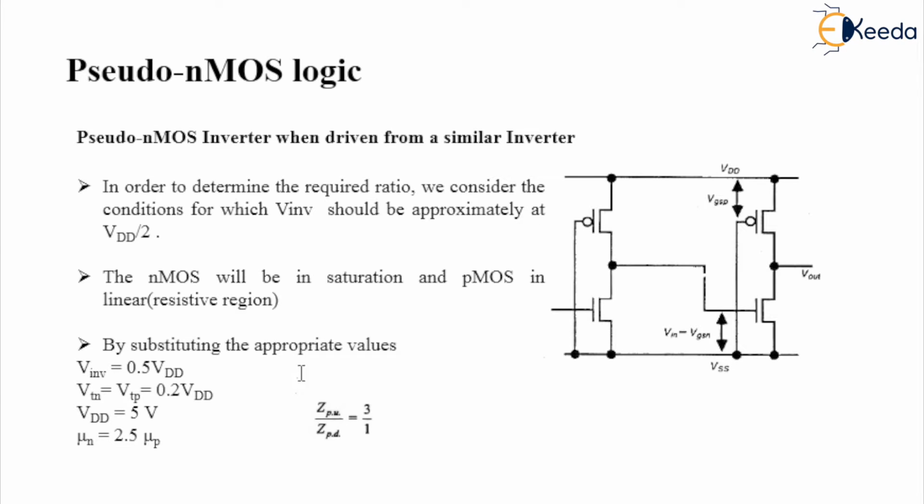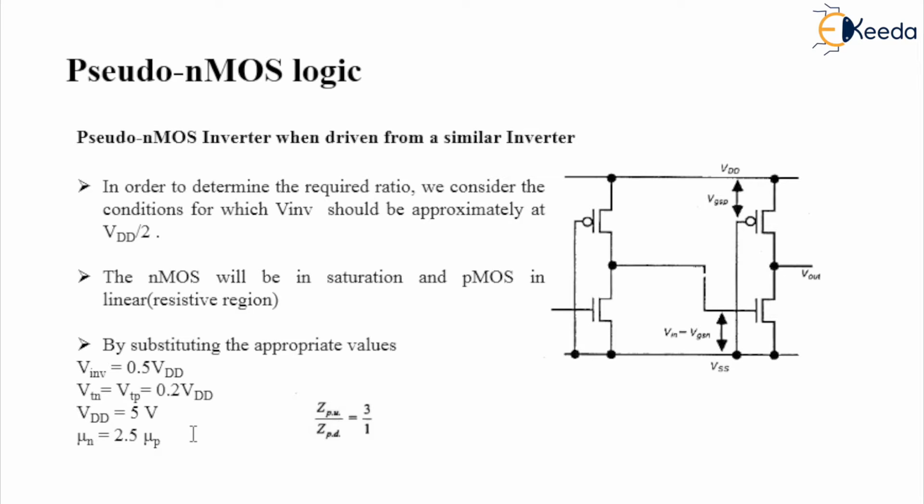By applying appropriate values in the saturation equation, IDS is equal to K into W by L into (VGS minus VT) whole square by 2. That is our formula, which we have already discussed.